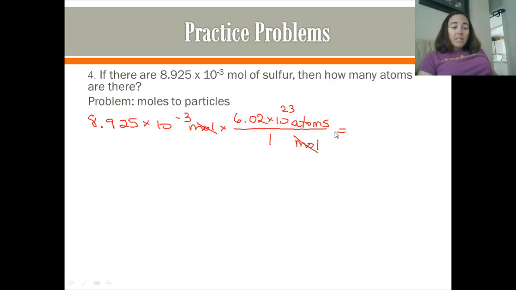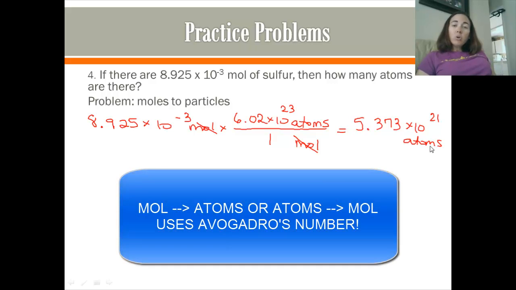And the answer that I get here, let me write it over here for you. I got 5.373 times 10 to the 21st, and the units for that are going to be atoms. So when you convert moles to atoms or atoms to moles, you're using Avogadro's number every time.